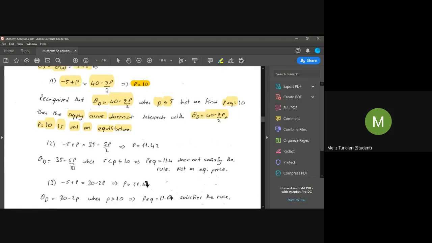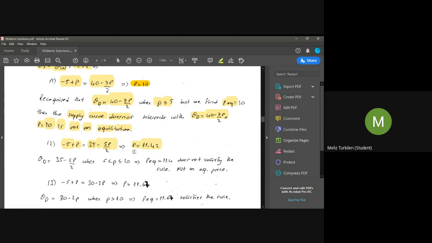Let's check the second line. We again have the same supply equation, but our demand equation has changed now. We have 35 minus 5p divided by 2 as the aggregate demand. Let's check the equalization. If you do this math, you will find that price is equal to 11.42.